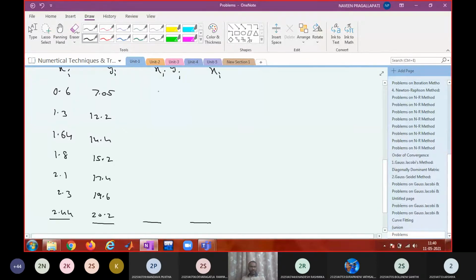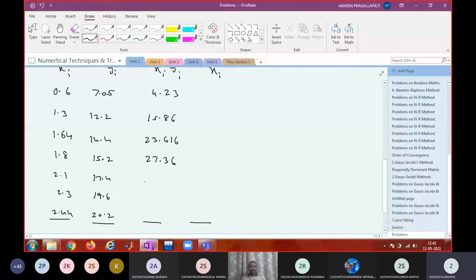What is 0.6 into 7.05? 4.23. Next value, 15.86. Next, 23.616. Next, 27.36.